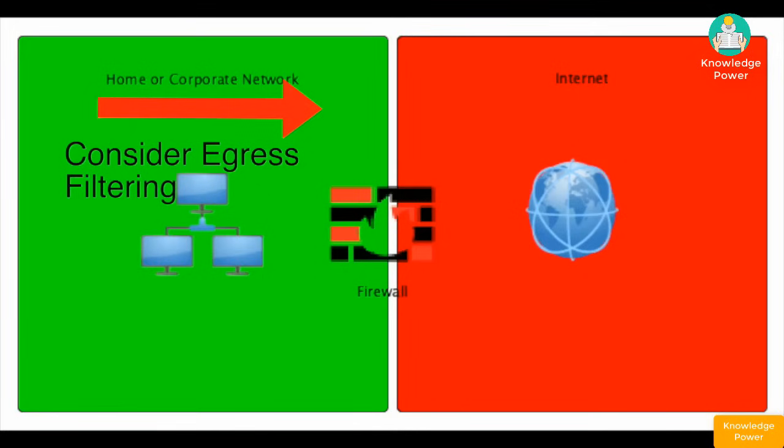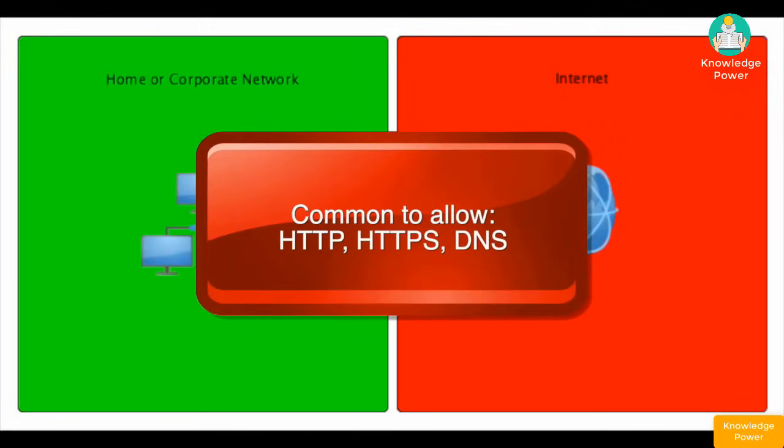You could start by allowing protocols you know you'll use all the time, like HTTP and HTTPS for web browsing, or SSH for remotely accessing servers you have on the internet if you have any, and making sure updates still work for all your computers and Internet of Things or IoT devices.